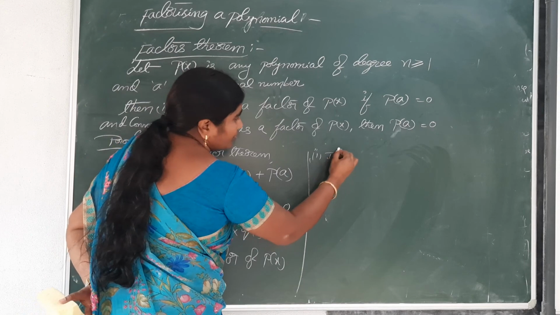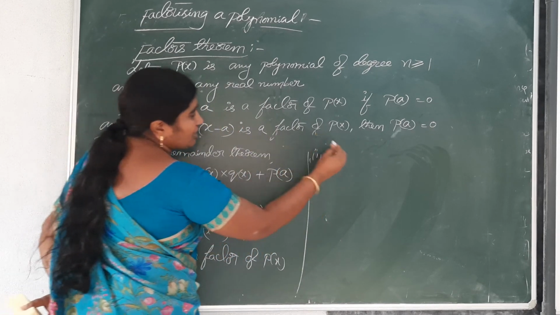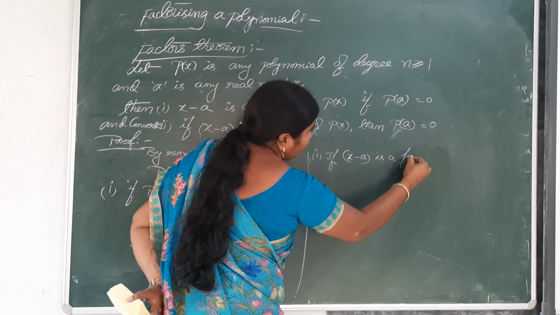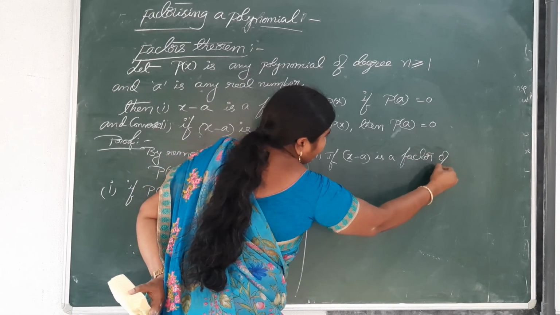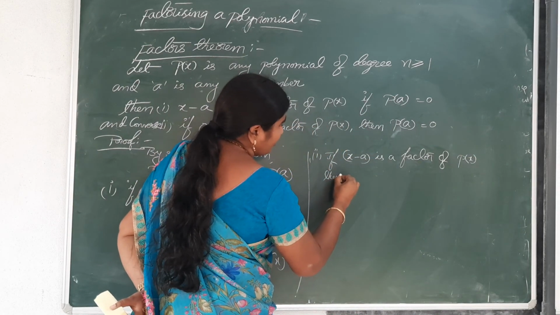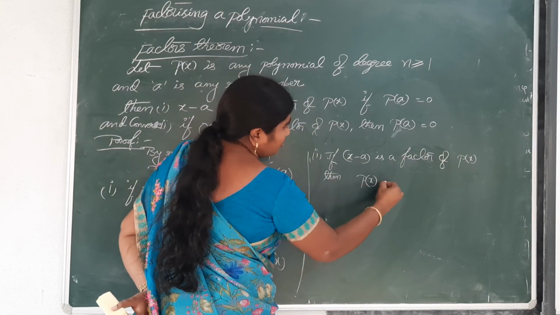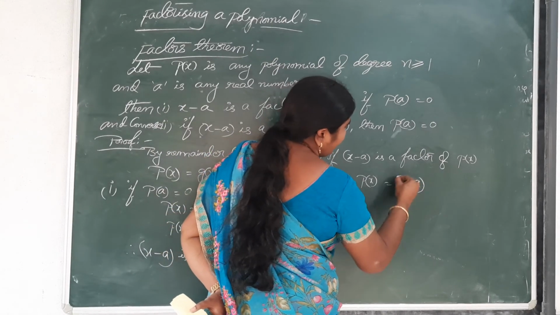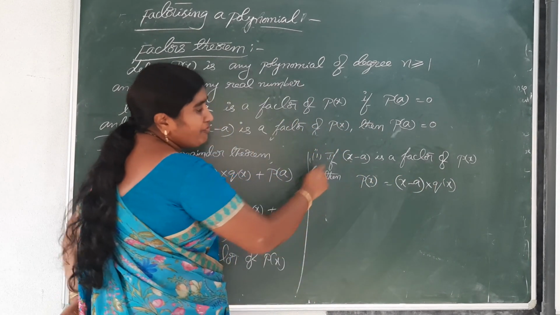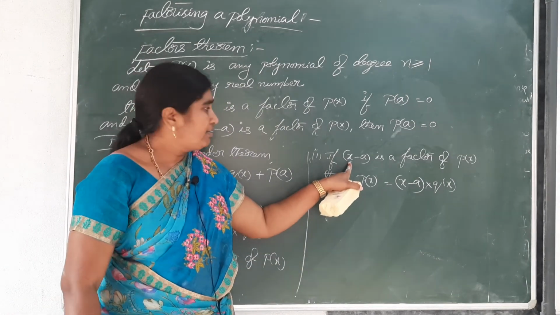If x minus a is a factor of p of x, then p of x equal to x minus a into q of x.